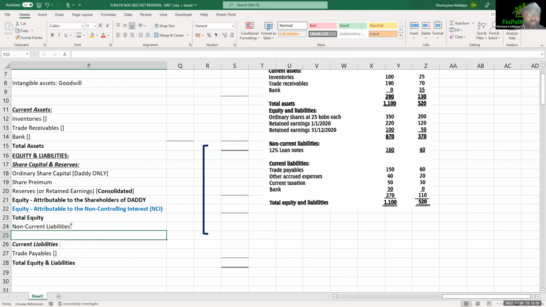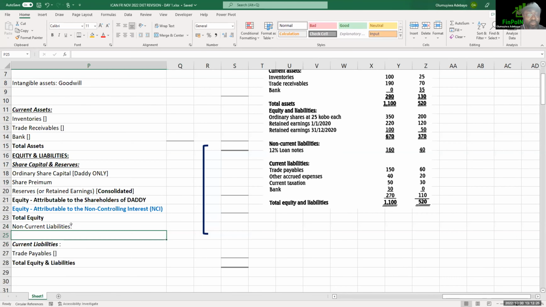The question then is, let's pick it one by one. Our property, plant and equipment is 650 plus 350. Now, there were two adjustments. If you remember, the first adjustment was the fair value upwards, which increases our PPE by 50 billion. And second adjustment is additional depreciation that affected that PPE subsequently, which is 20.